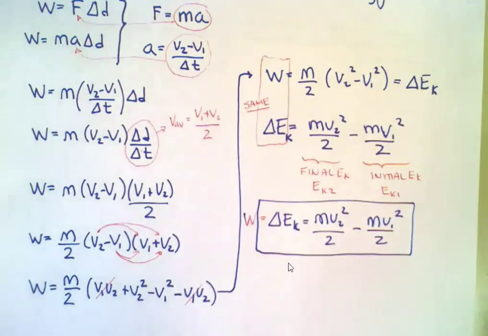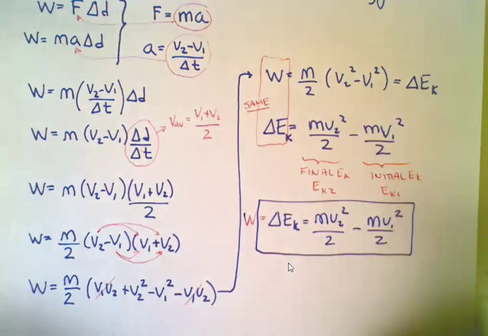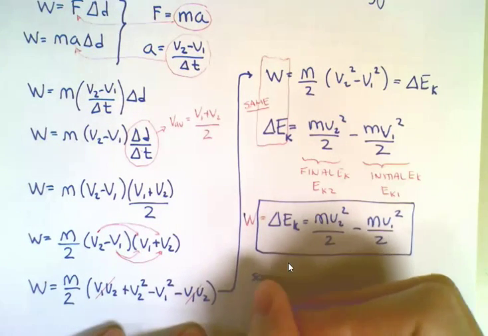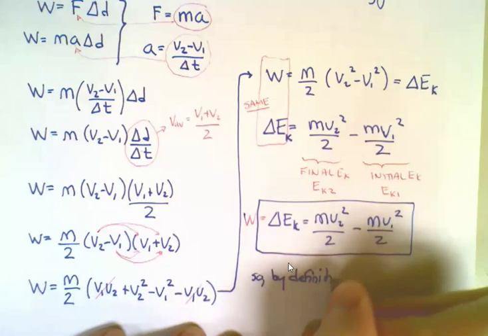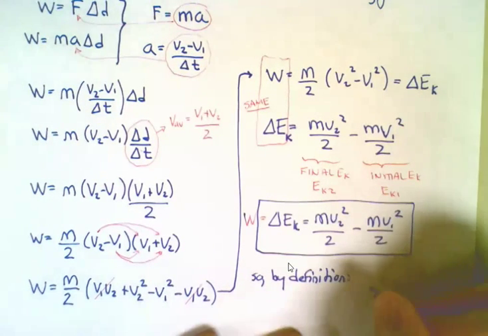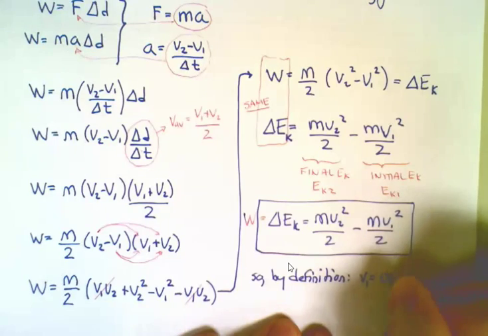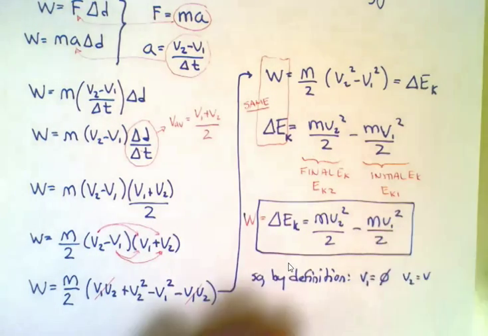But if we look back to the definition, it said EK, the kinetic energy, is defined as the amount of energy it requires to accelerate an object from 0 to some final speed. So, by definition, we're going to set v1 equal to 0 in that equation, and we're going to make v2 just equal some speed v.